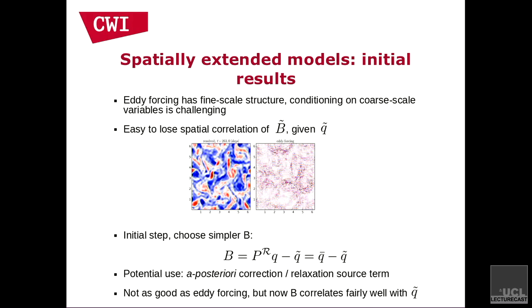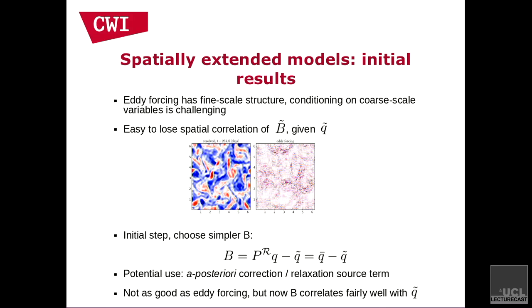So why would you do this? So you could think of this as, for instance, like a posterior correction term upon your modeled Q tilde. And you could also think of this when you multiply this difference with an inverse time scale, you can add it to the right hand side of your momentum equation. And in that case, it becomes a linear relaxation source there, which tends to push Q tilde in the direction of Q bar.